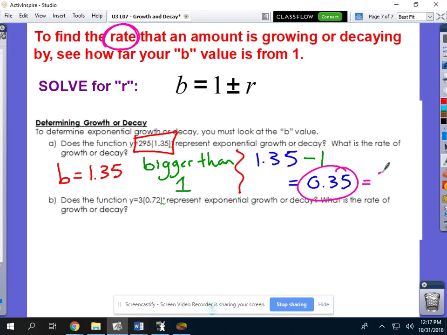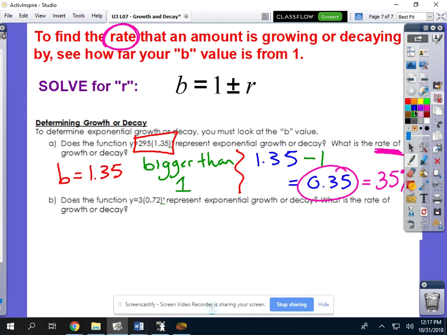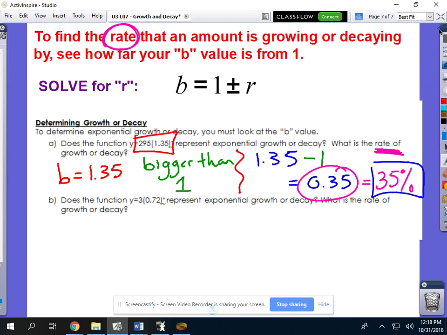So what does that equal? That equals 35%. So this is kind of backwards. They're not giving you the percentage this time. This time they're giving you the b, and you got to figure out what the percentage is. So our rate of growth is 35%. So that's really not very hard at all when it's growth.